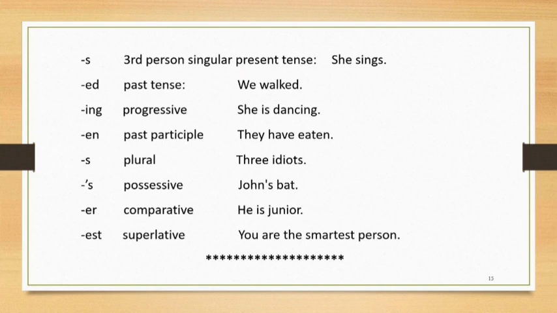So this is a very important characteristic of inflectional suffixes, that they do not make any change in the parts of speech, whereas derivational suffixes most often change the part of speech, and sometimes they do not change even. So they may change or they may not change in derivation, but inflection suffixes do not change the part of speech, and they are added at the end of a word.